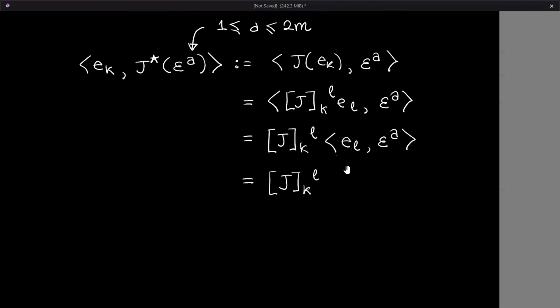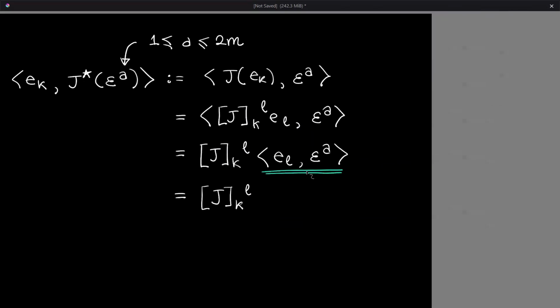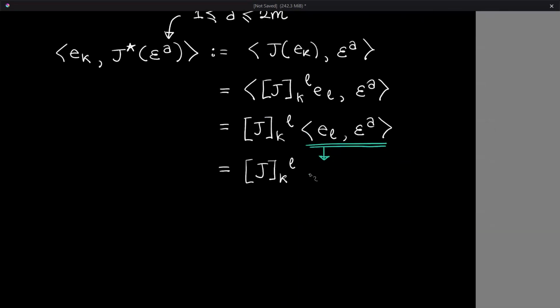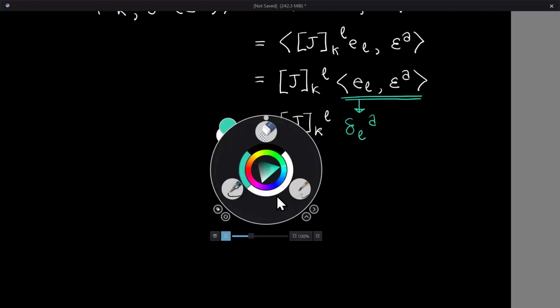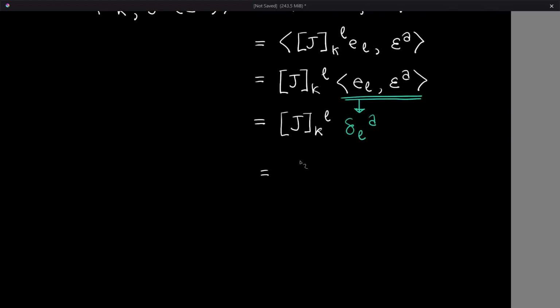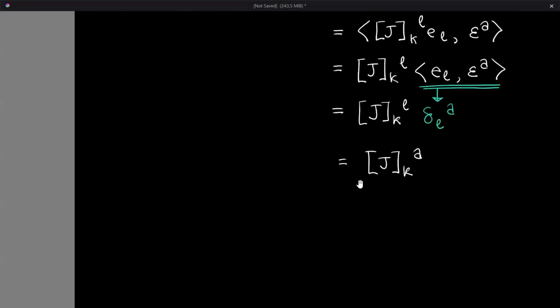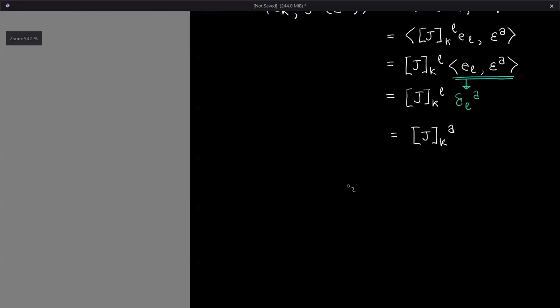So we evaluate this term and this term, again with the biorthonormality condition, which gives us delta LA. So we collapse the Kronecker delta into the indices, which gives us J, K, A. Now, the next part is the interesting part.